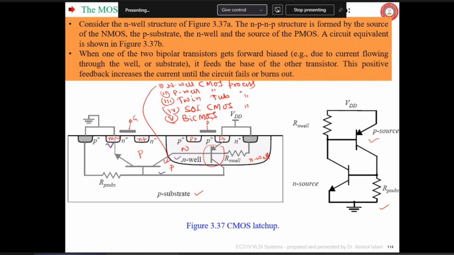This is the N well. So what do you find? An NPN BJT is formed here, a parasitic BJT. Do you agree or not?